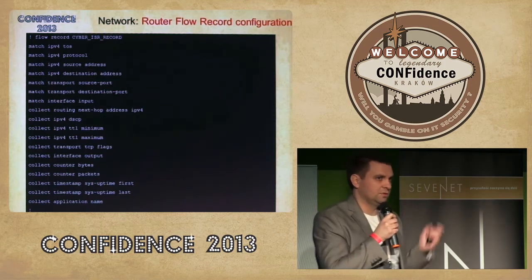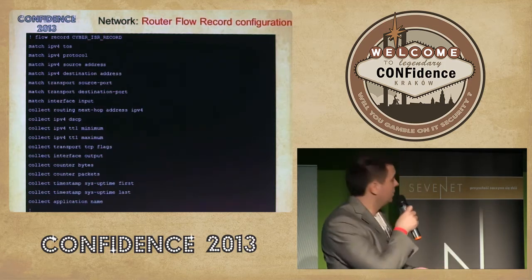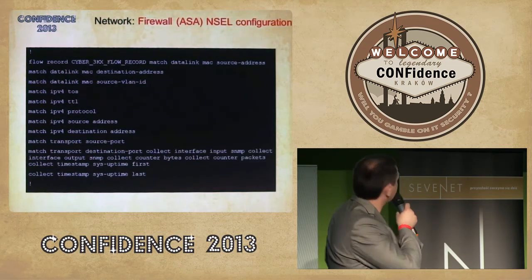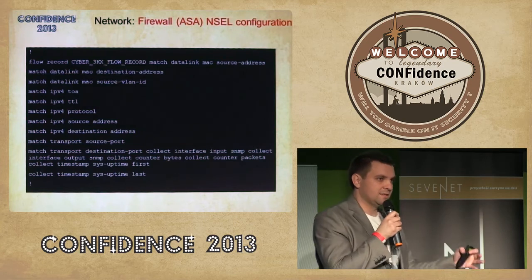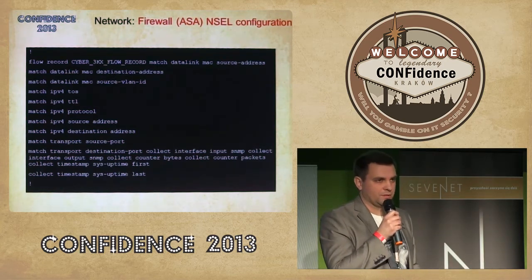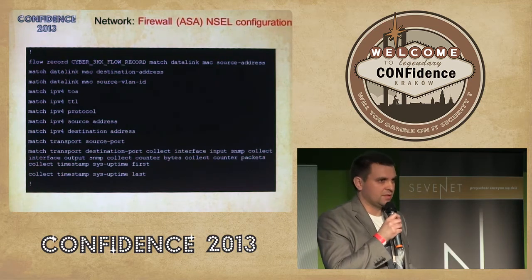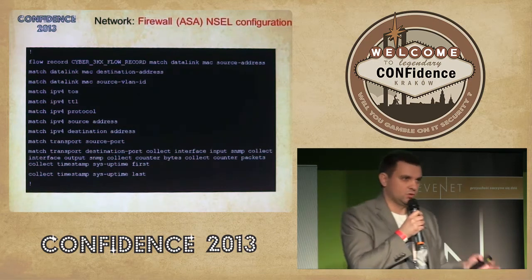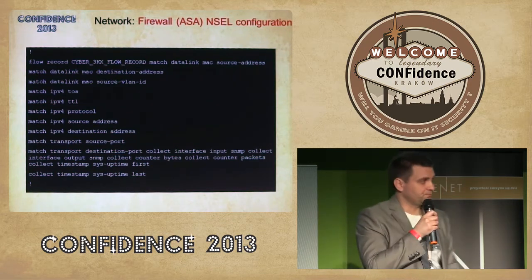I will not go into detail, just leave it for future use. And here is an example of the ASA NSEL, not NetFlow, because on the ASA there is no NetFlow itself. It's NSEL technology, which is a combination of NetFlow and syslog.